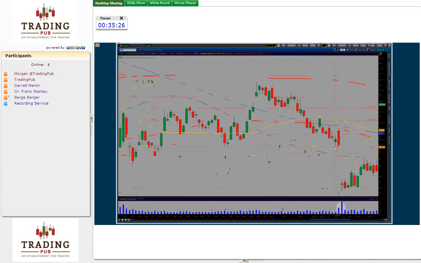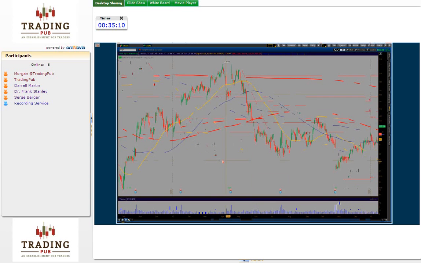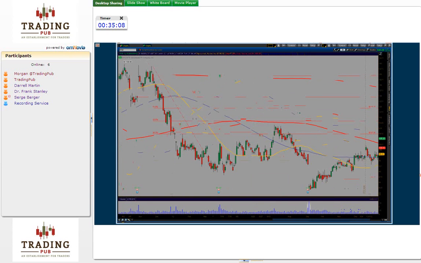We started making higher lows, right? But from this swing down, it retraced almost exactly 50%. So that's point number 2. We bumped into a moving average, and we retraced 50%.